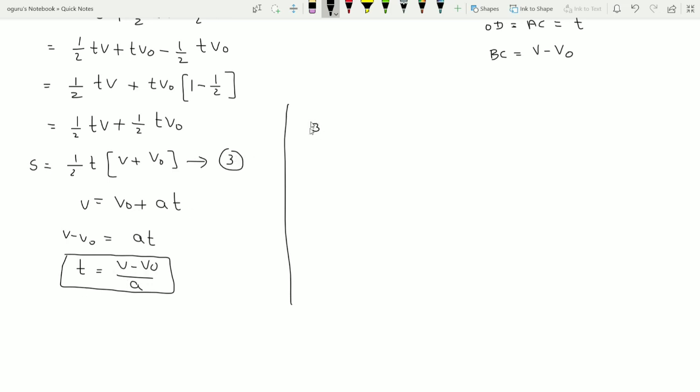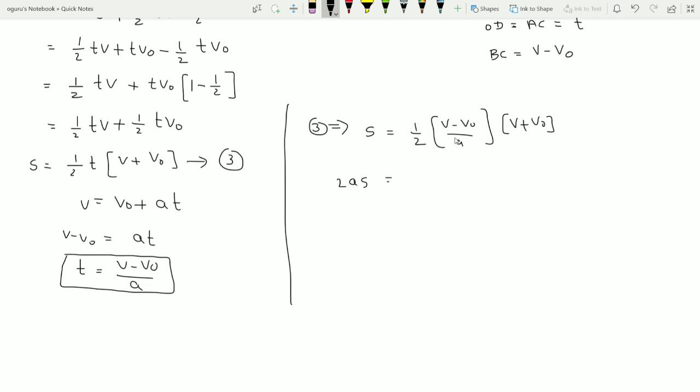From the third equation, the displacement S is equal to half into T. Let us substitute the value of T, V minus V naught by A, into V plus V naught. So that is equal to, this is 2 into A, if it cross multiplies it gives 2AS.